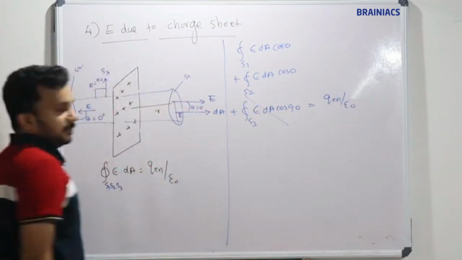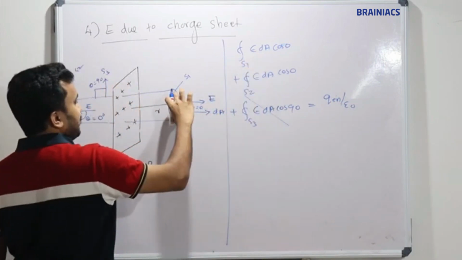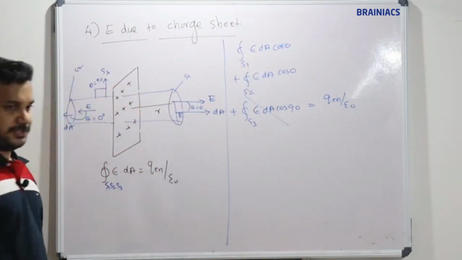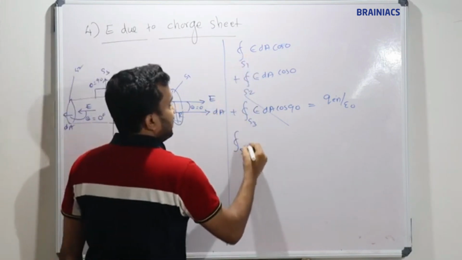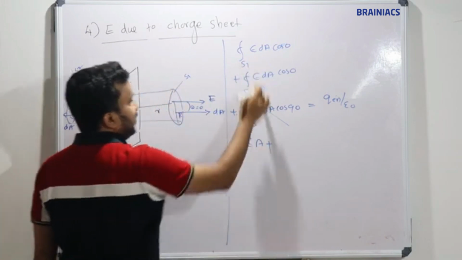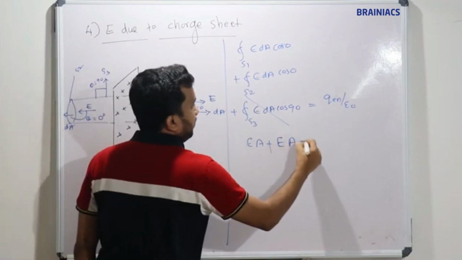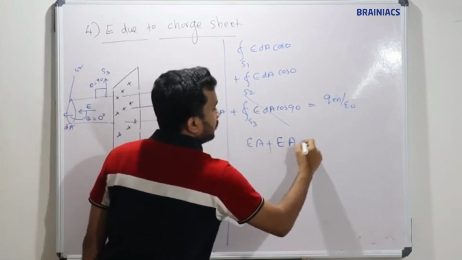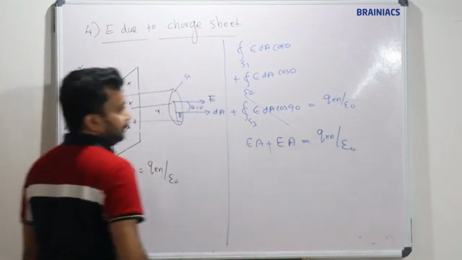These terms will go out because cos 90 is 0. Here we have E dot dA. This is one surface area and this is also one surface area. So the integral over S1 gives EA, plus the second one gives EA, plus the third one is 0, which equals Q enclosed divided by epsilon naught.